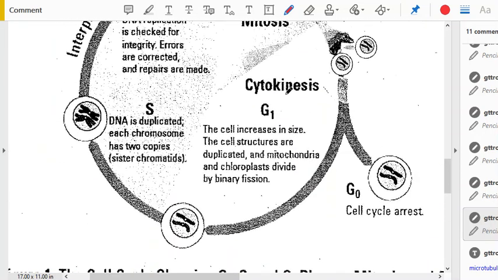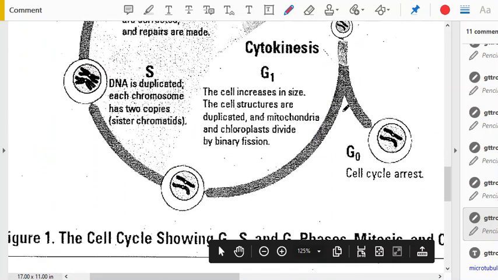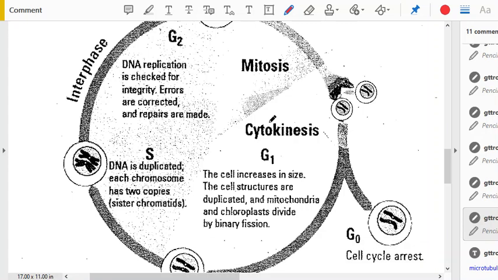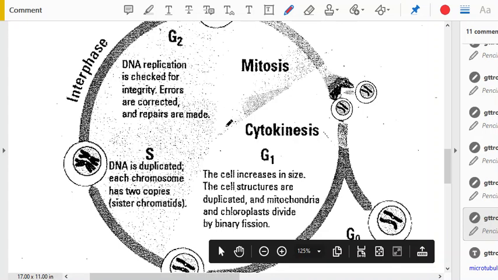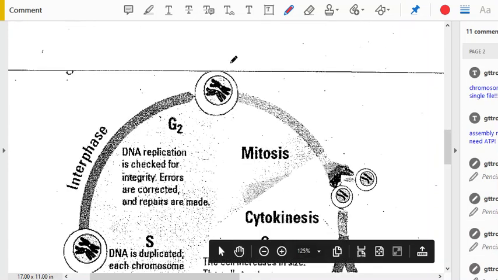All right, let's go right up to this diagram here. So this is the cell cycle, right? Cells are constantly dividing and doing their job, and dividing and doing their job, and dividing and doing their job. And most of the cells in your body are going through this cycle and are somewhere in this cycle at any given point in time, right? Really quick though, let's talk about why cells would even divide in the first place.